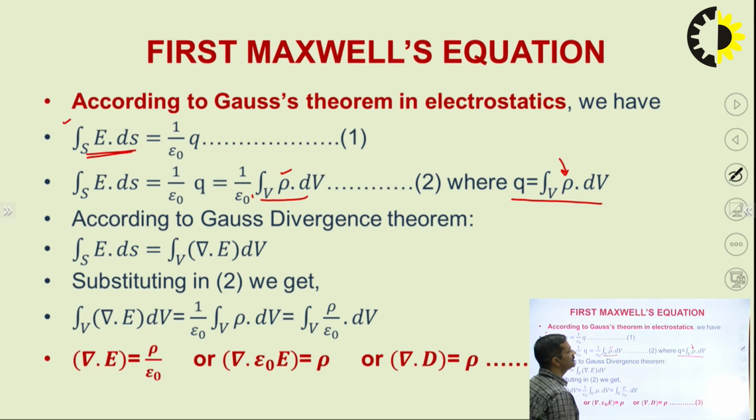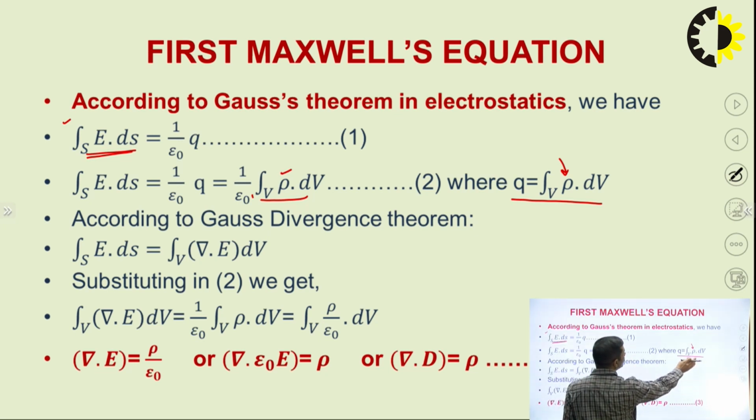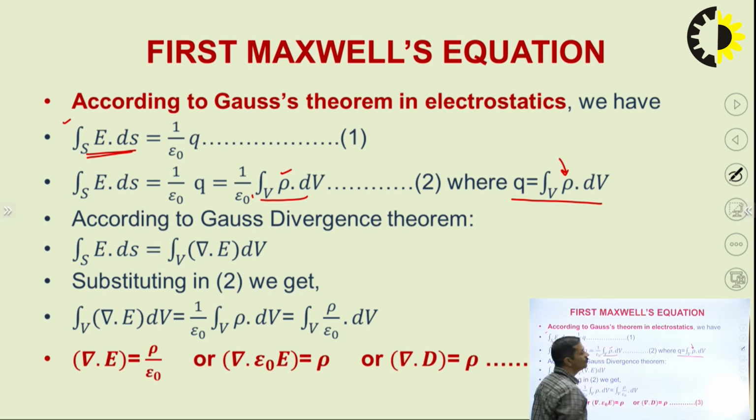So charge can be written in terms of the charge density in integral form. So Q will be equal to integral of rho dV over a volume V. If we replace this Q with this quantity, now the right hand side becomes 1 by epsilon naught integral over a volume V of rho dV.